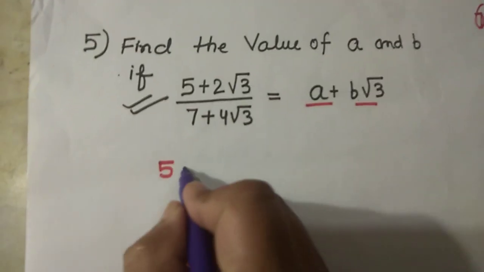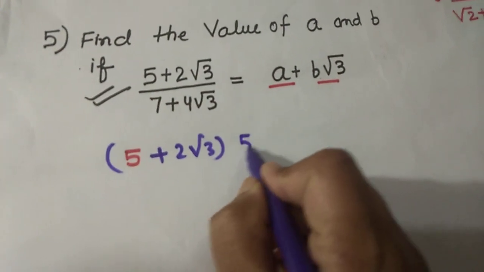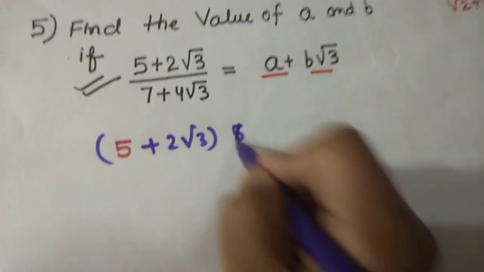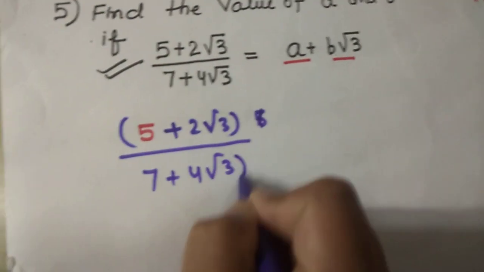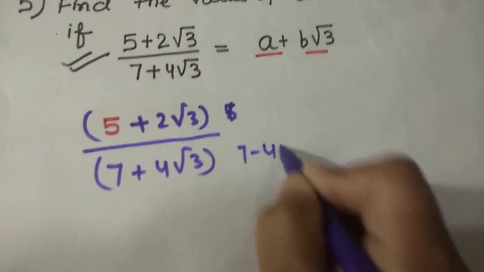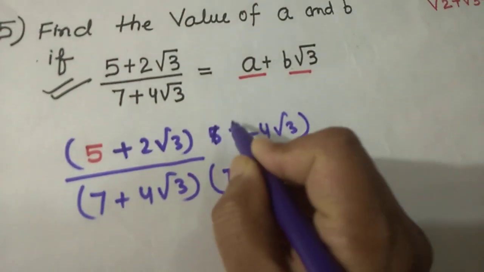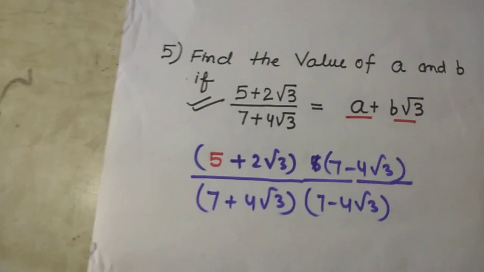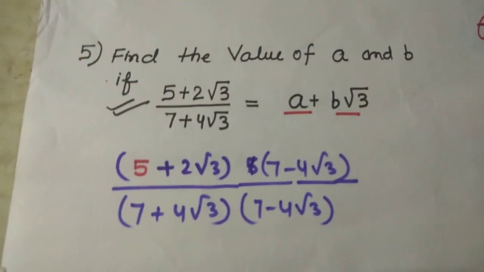This is 5 plus 2 root 3 over 7 plus 4 root 3. Multiply by 7 minus 4 root 3 over 7 minus 4 root 3. Check. 5 plus 2 root 3, 5 plus 2 root 3 divided by a plus b.